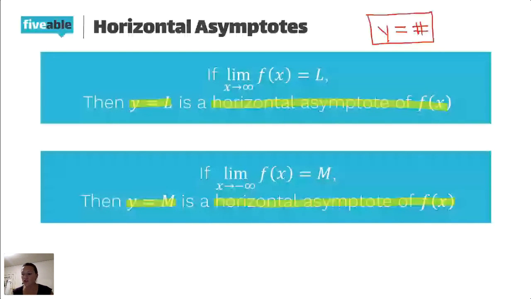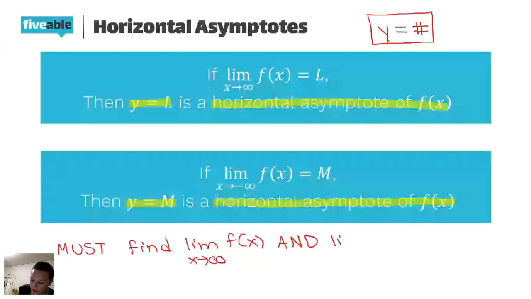But the other thing that's super important to remember when you're looking for horizontal asymptotes is that you must find the limit as x approaches positive infinity of the function and the limit as x approaches negative infinity of that function. Yes, they might behave the same sometimes at those ends, but sometimes they're not going to. And we've got to make sure that we investigate both end behaviors to make that determination, okay?